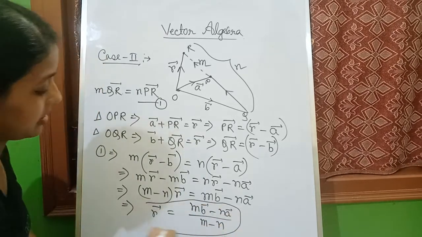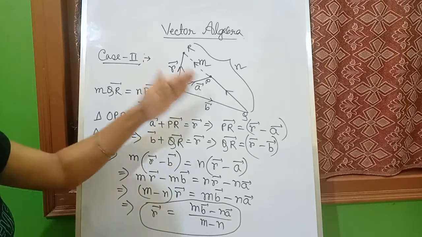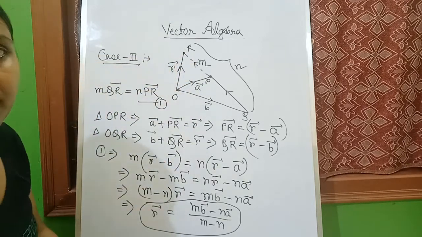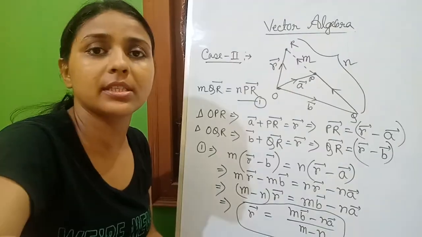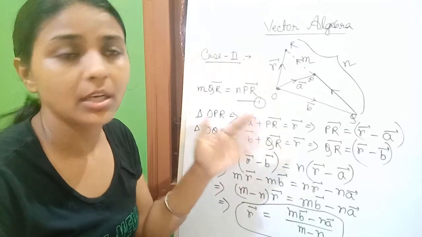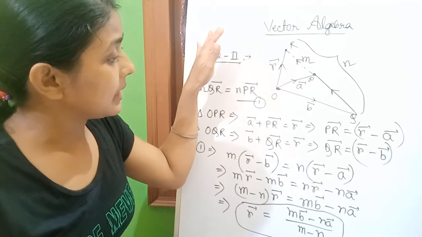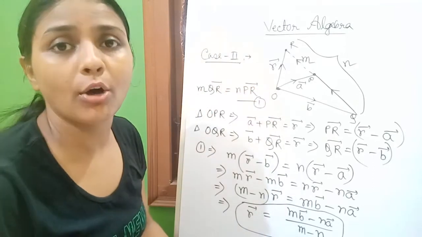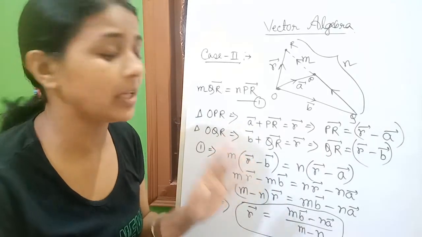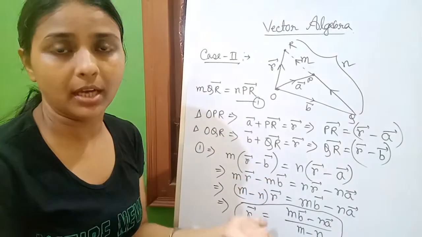This one is the section formula for a line to be divided by a point externally. Okay, so this is the section formula externally and internally. Both we have discussed with a vector method. This way of doing it itself can be 2 questions, individual 2 questions, or together it also can come.